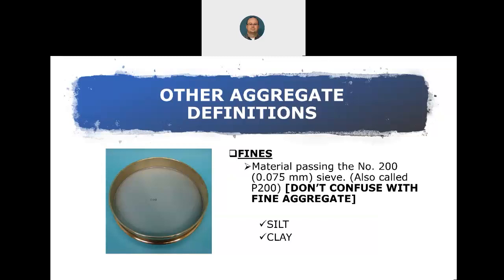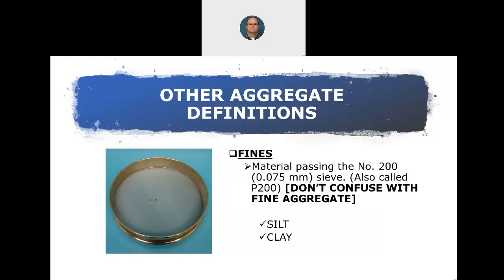Don't confuse this with fine aggregate. Fines are silt and clay. That's the dirty material that we don't want stuck to our aggregates. Otherwise, the cement paste will stick to the fines, and the concrete will fall apart.